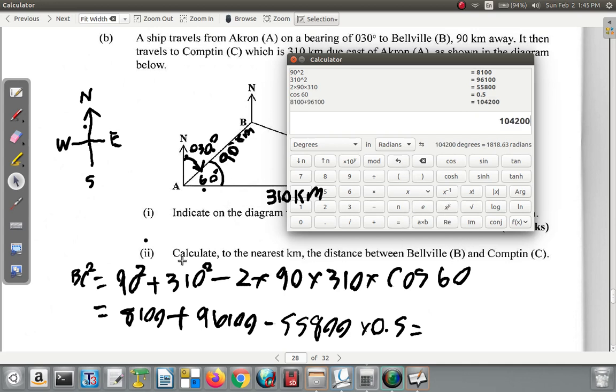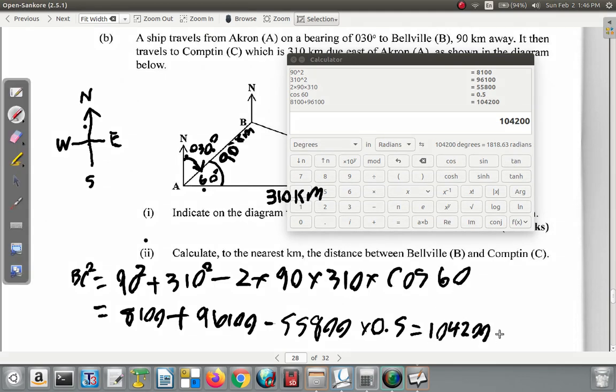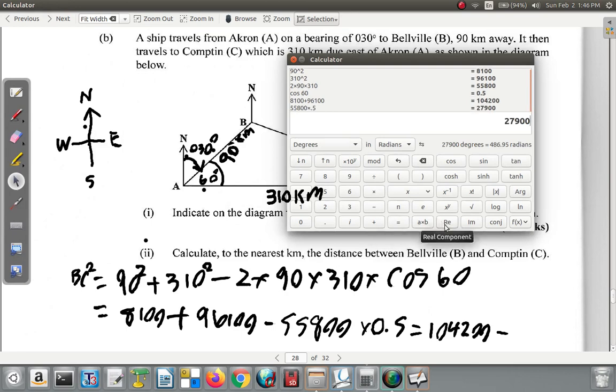This is what? 104,200. 104,200 minus, and then you say 55,800 times 0.5 equals 27,900.